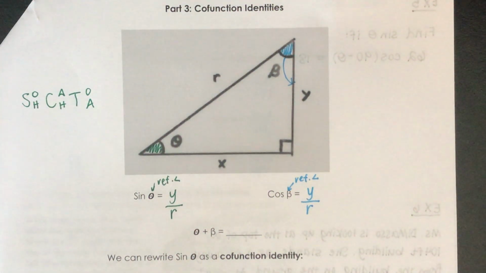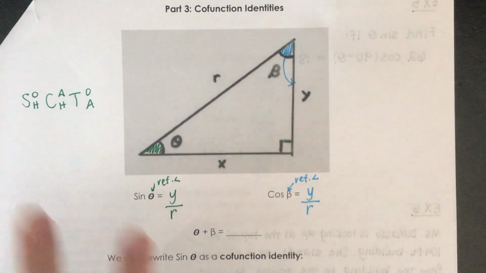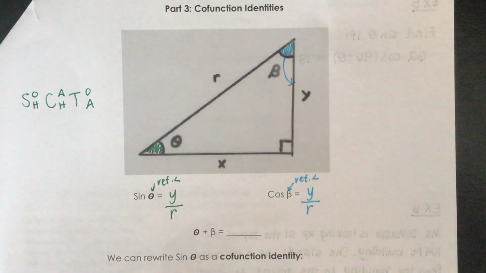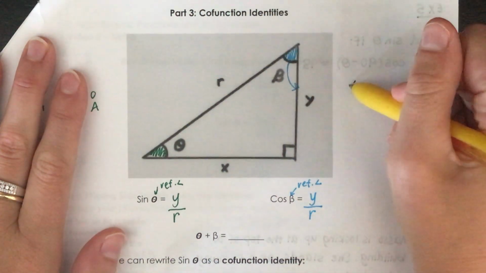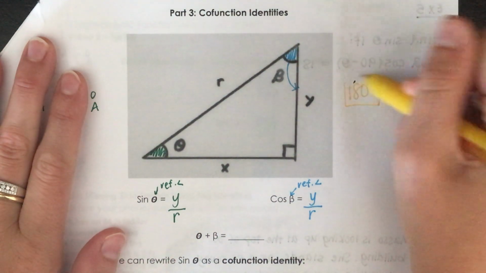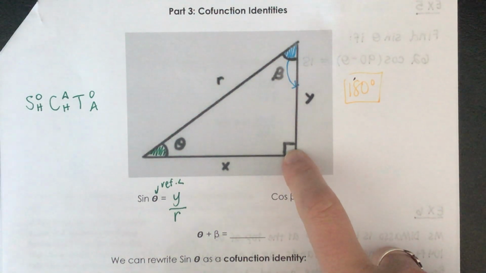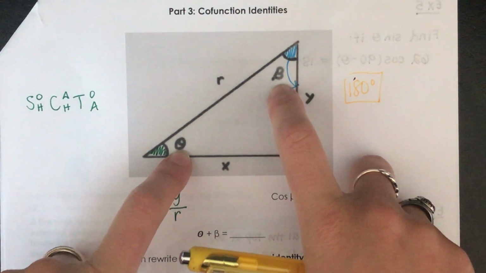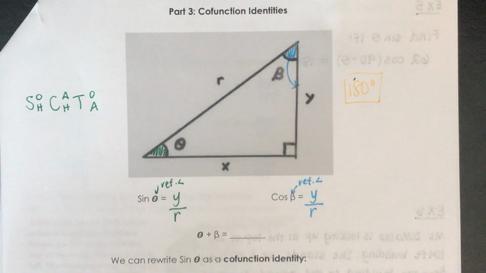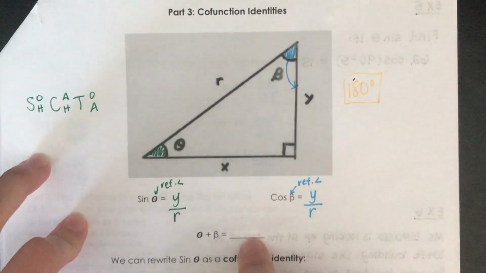Now, I know that this is a 90-degree angle right here. In a triangle, you always have 180 degrees, inside of a right triangle or any triangle. That means if this is 90 right here, when I add up theta and beta, they should also give me 90 degrees, because this plus this would be 90, and then 90 plus 90 is 180.